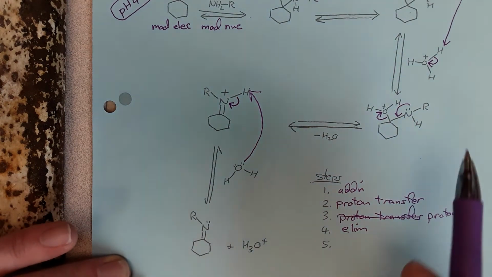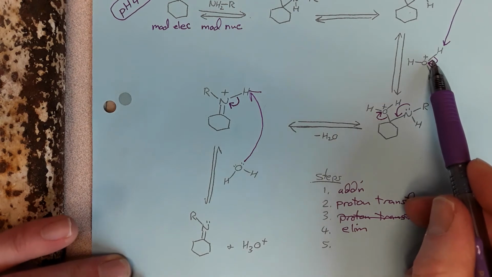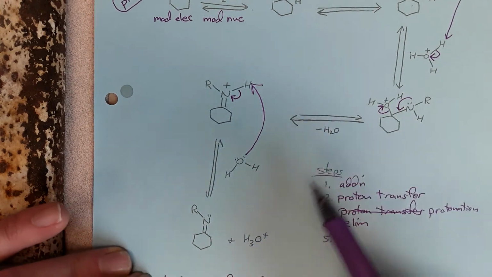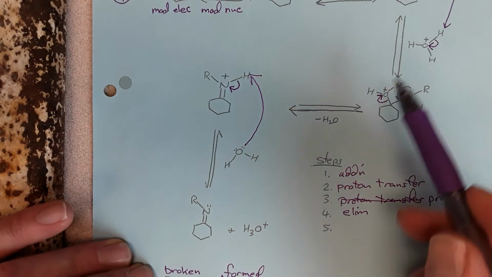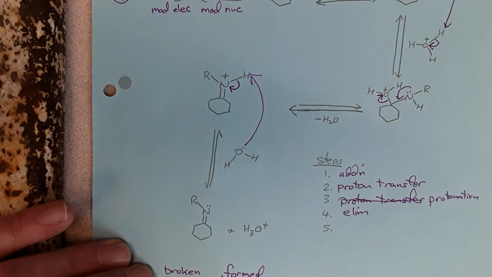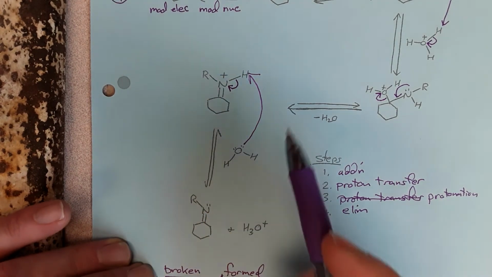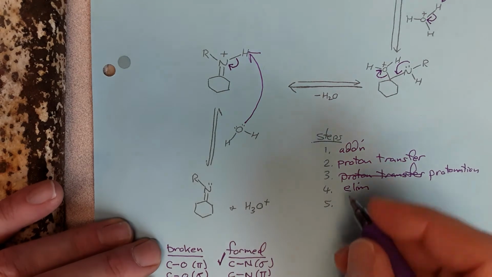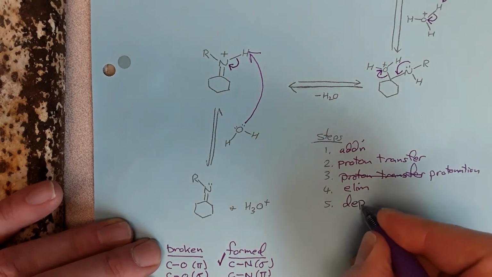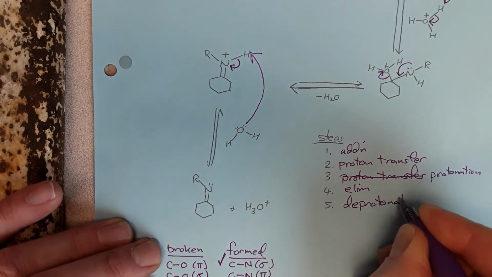And so up here we added H3O as our acidic solution, and here we reformed H3O. And so the H3O is acting as a catalyst. So the last thing we're doing to our product here is removing that proton, giving us our neutral product. And so this is deprotonation.